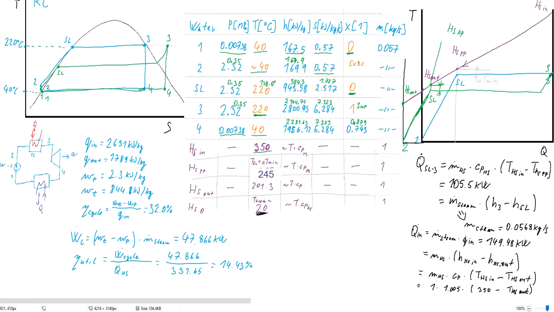Well, we had evaporation at a saturated liquid 139, so 139 plus the pinch point 25 degrees C is 163.9. So this is 163.9.